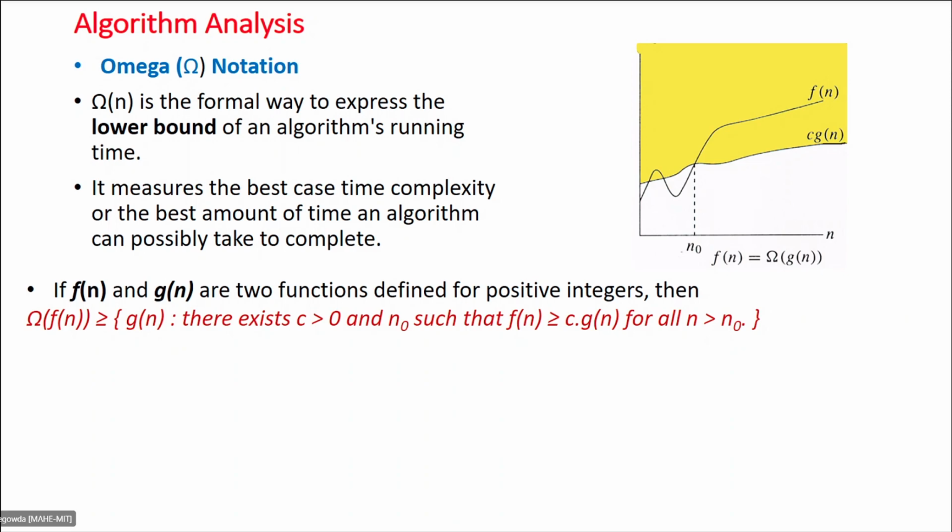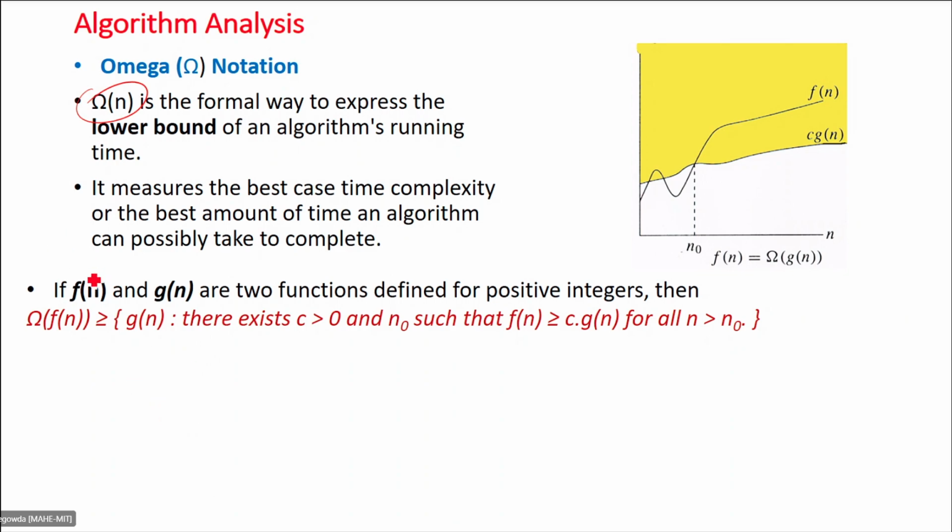It determines the fastest time that an algorithm runs. If you require that an algorithm takes at least a certain amount of time without using an upper bound, we use this big omega notation. That is, it is used to bound the growth of running time for larger input size.